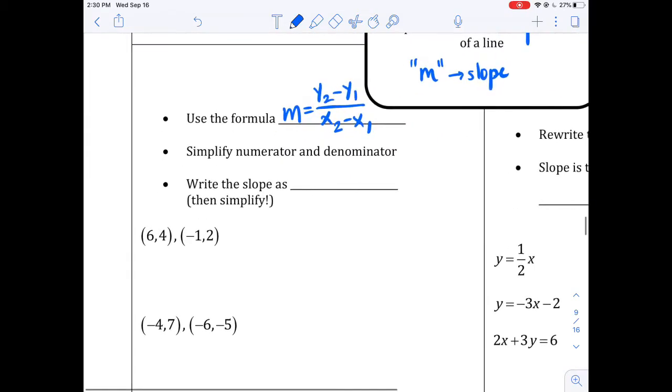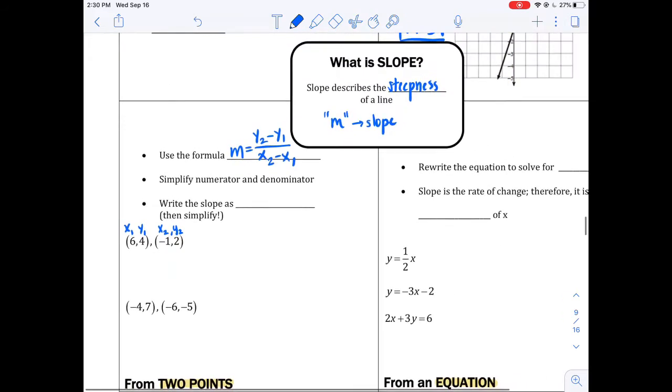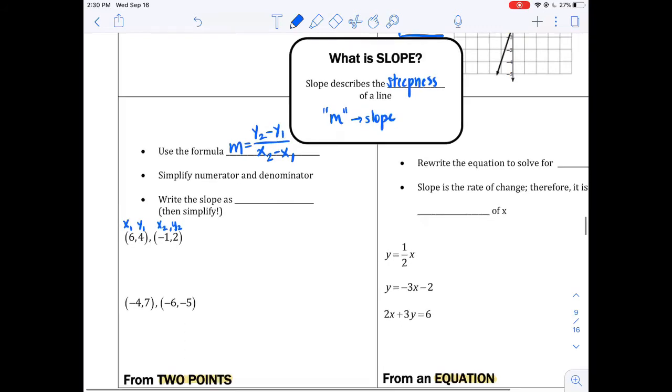So if I was looking at these 2 points over here, this is like x sub 1, comma, y sub 1, x sub 2, comma, y sub 2. The order we write them in doesn't matter, we just have to be consistent. So we're going to calculate it, we're going to simplify the numerator and denominator, and then we're always going to write the slope as a ratio or a fraction, whichever one you prefer.